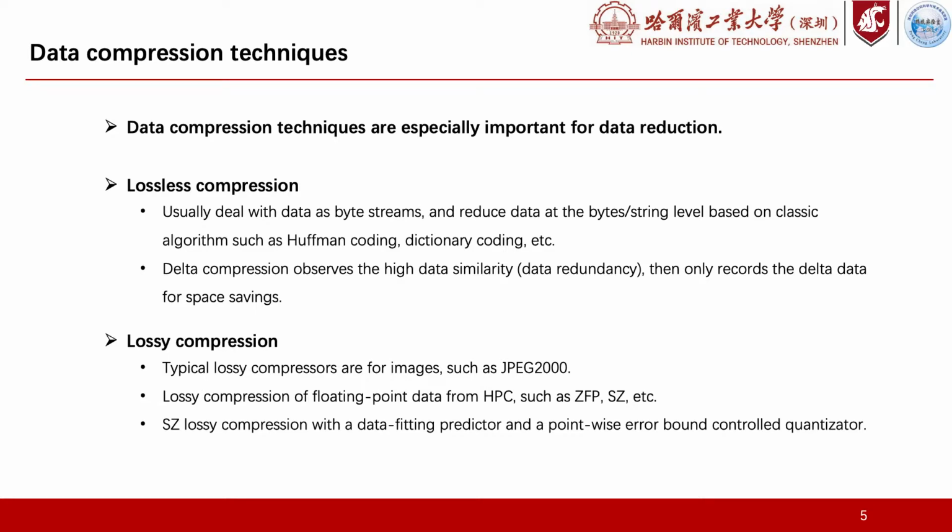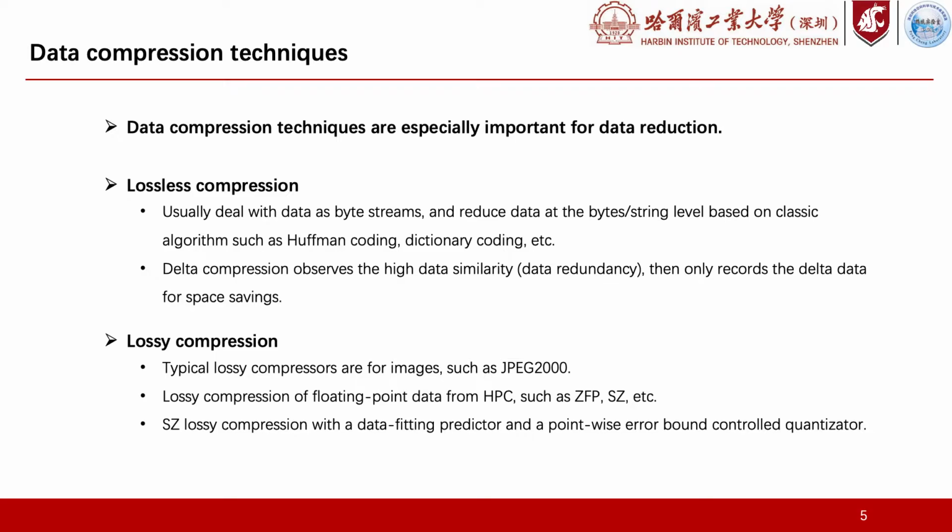Some special lossless compression, such as delta compression, observes the high data similarity and thus the high data redundancy in the neighboring versions of files in backup storage systems, and then records the delta data of neighboring files for space saving.